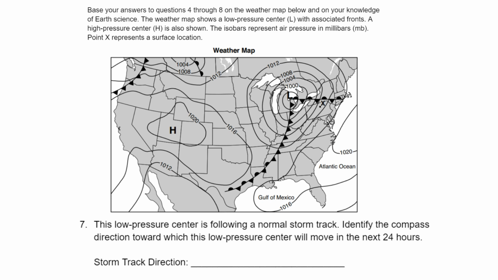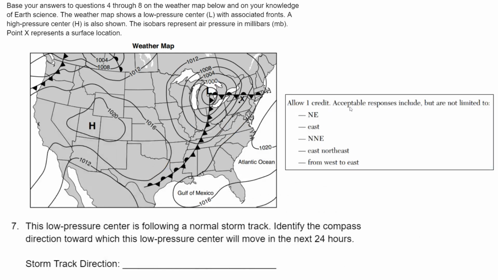Remember, low pressure areas create storms. The correct answer is northeast. You could say east. You could say NNE, northeast, east northeast, from west to east. Whichever one of these you want to pick is fine. But my favorite is northeast because that is the most accurate. Because remember, in the U.S., our major winds move northeast.